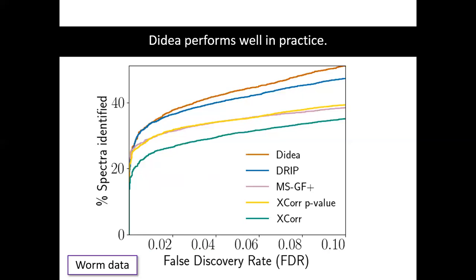We can already tease out some trends. The two p-value methods, MSGF plus and X-bar p-values, the pink curve and the yellow curve, are already far more accurate than the green curve, X-bar, which is what you would expect. Those are far more complicated models. And DIDEA is actually more accurate than all of the methods, including our other DBN. So in practice, it works pretty well.